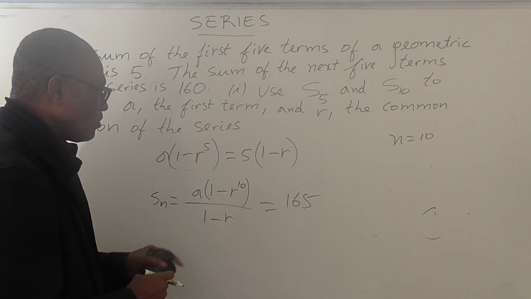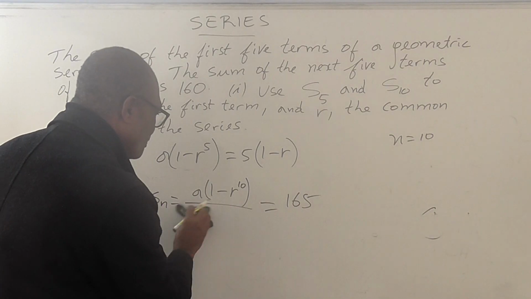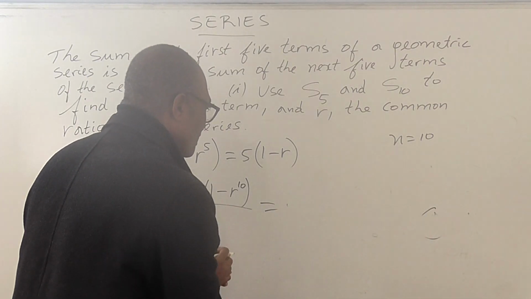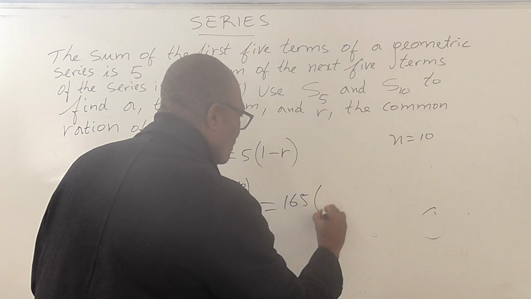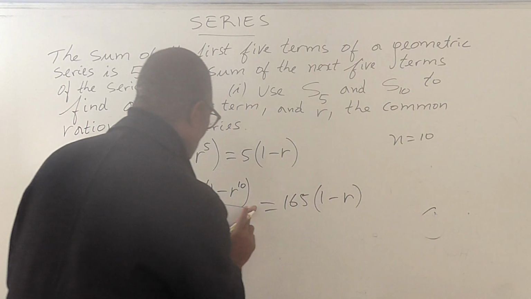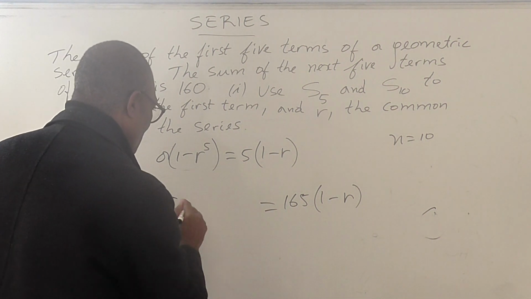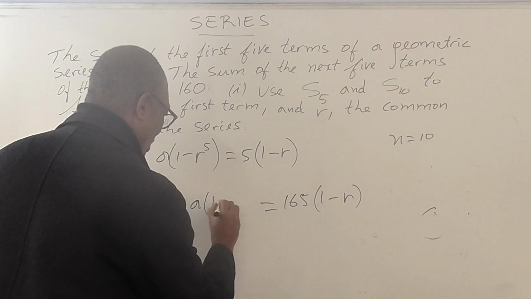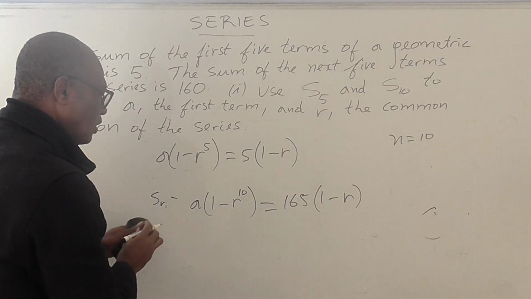If I do cross multiplication, this multiplied by that, I'm going to have 165 bracket 1 minus R. So I get it like that. I get A bracket 1 minus R to the power of 10. Look what I got.